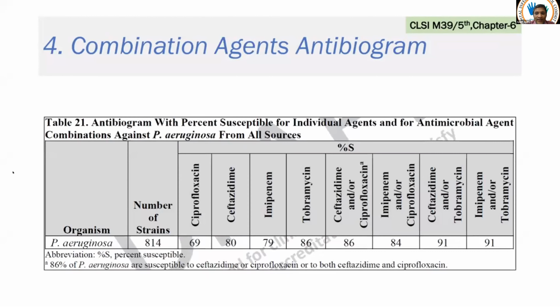So those kinds of indications are for an extremely sick oncology patient, or maybe a critically ill patient in the ICU. So there are some fixed indications of double gram negative coverage, and the combination agent antibiogram is a boon to the clinician. Otherwise, clinicians choose blindly which two antibiotics to take.